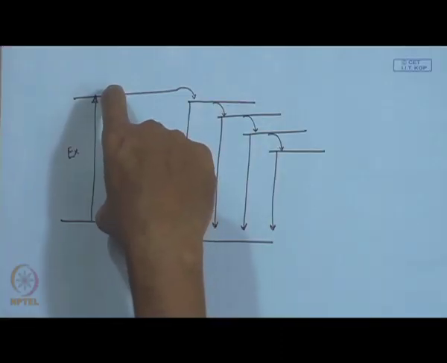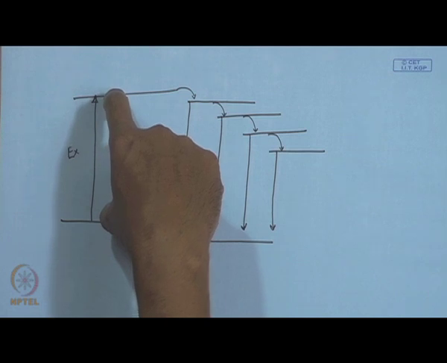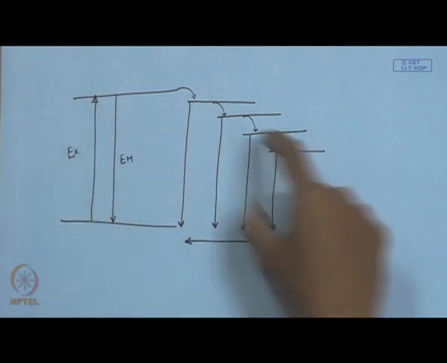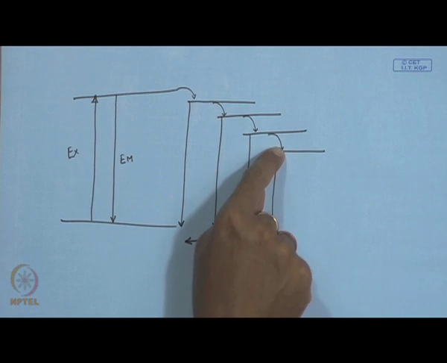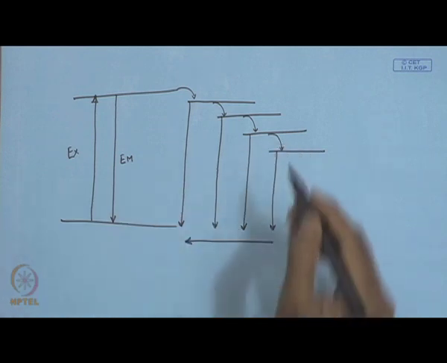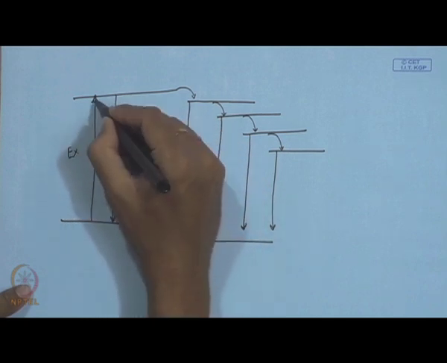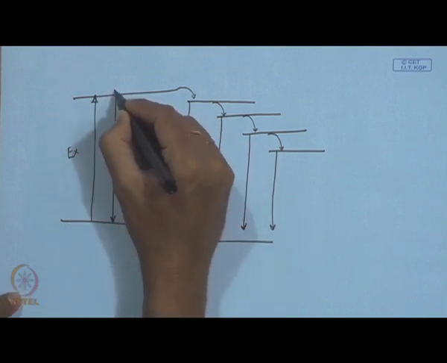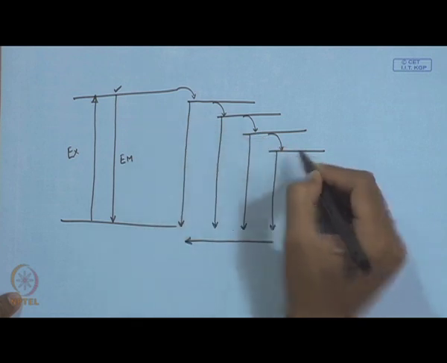You may expect that on the blue side, means this side of your spectrum, there is a decay, and on the redder side, because it is generated from here to here, you will be expecting a growth, because at t equal to 0, that is immediately after excitation, you have got only this level, this state, not this state.